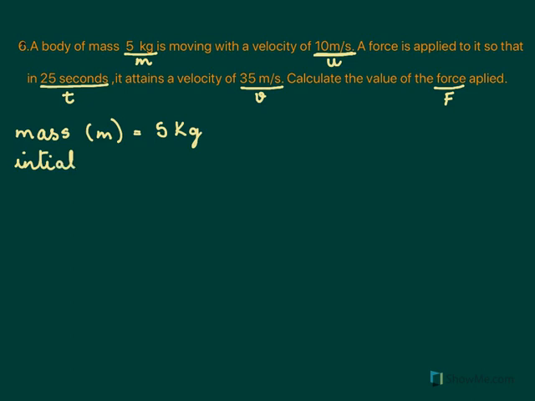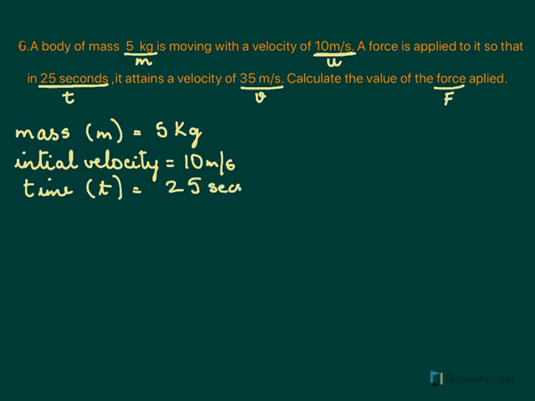So initial velocity u equal to 10 meter per second, and this is in 25 seconds. So the time t is 25 seconds. It attains a velocity of 35 meter per second, which means final velocity v is equal to 35 meter per second.